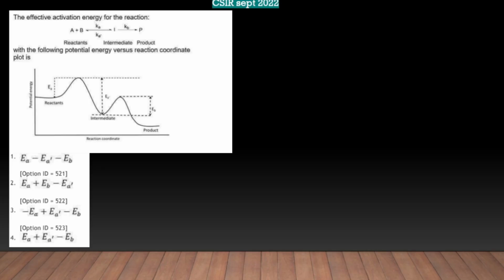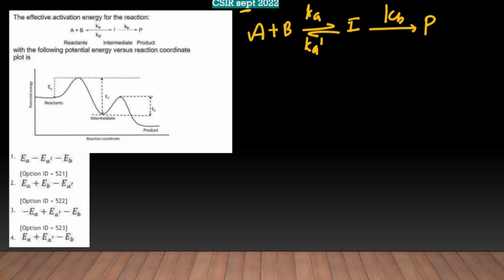Now the next one is this question. So this is from your September exam conducted in the year 2022. Okay, so the question says A plus B with the equilibrium, with the rate constants as Ka and Ka dash, giving us the intermediate I, and then this with another rate constant, which is the Kb, giving us the product P. So for this, activation energies have been given and we have to find the expression of the energy.